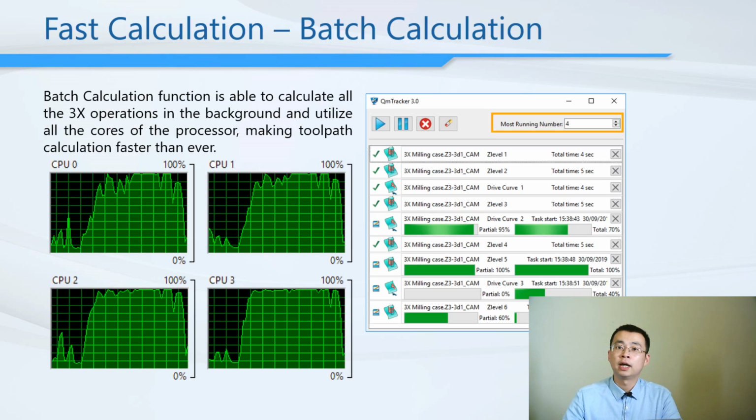And it will utilize all the cores of the processor. That means nowadays the computer specification is much better than before. Maybe you got 4 cores, maybe 8 cores, maybe 64 cores in your computer. The more cores you have, the faster you get to calculate the operations.